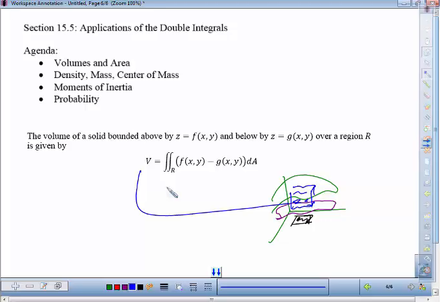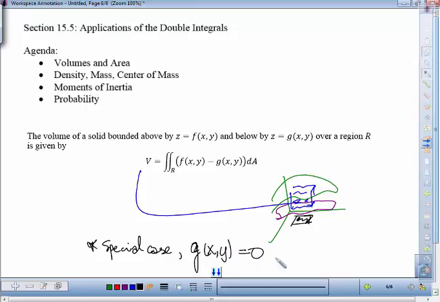Now, if you imagine G is just equal to 0, the XY plane, Z equal to 0, then it's basically what we've been doing, right? So we can make a note of that special case. Your G of XY is equal to 0, then you're just finding the volume under a surface.